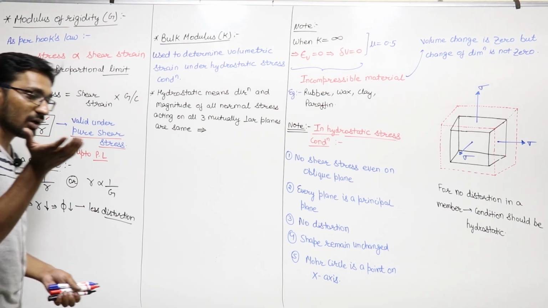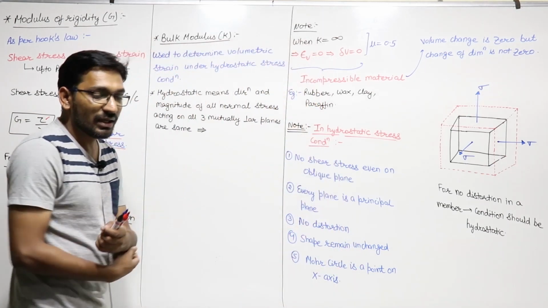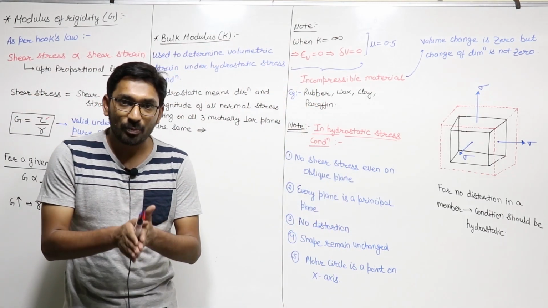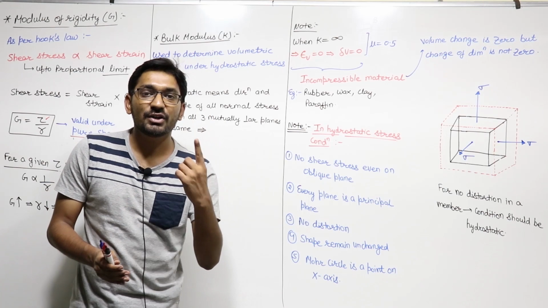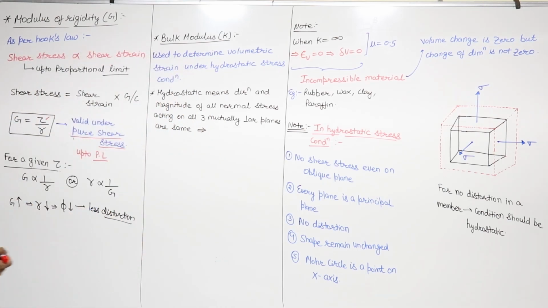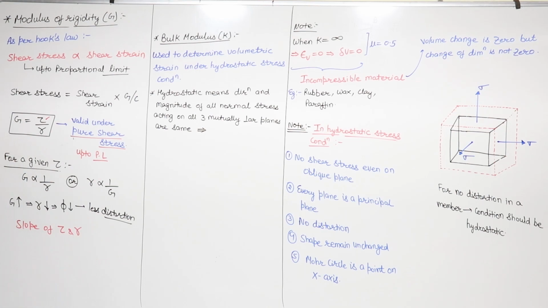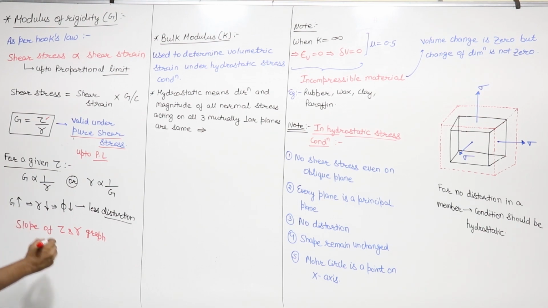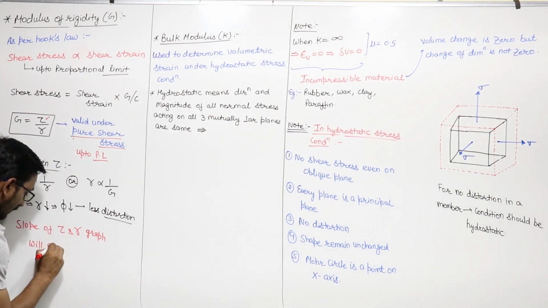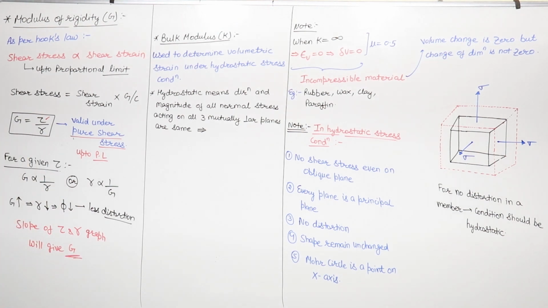As in the case of normal stress and normal strain, or Young's modulus of elasticity, we already saw that the slope of the normal stress versus longitudinal strain graph gives us Young's modulus. In a similar pattern, the slope of the shear stress and shear strain graph will give us the modulus of rigidity.